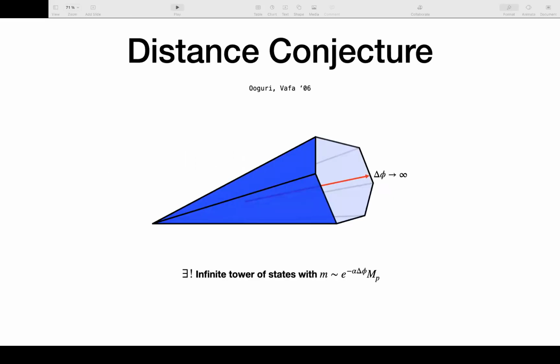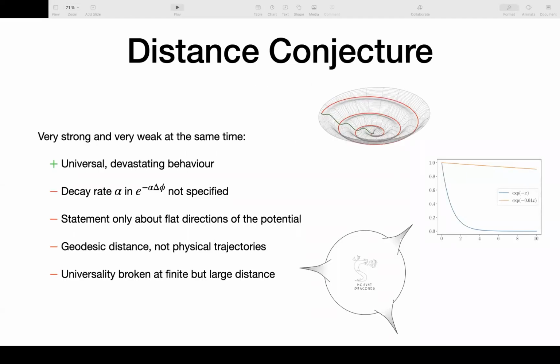So the distance conjecture states that at infinity in moduli space, we are greeted by an infinite tower of states, which becomes exponentially light. And this statement is very strong and very weak at the same time, in a sense. First of all, it's nice that we have this universal decay behavior, but the decay rate alpha is a priori not specified.